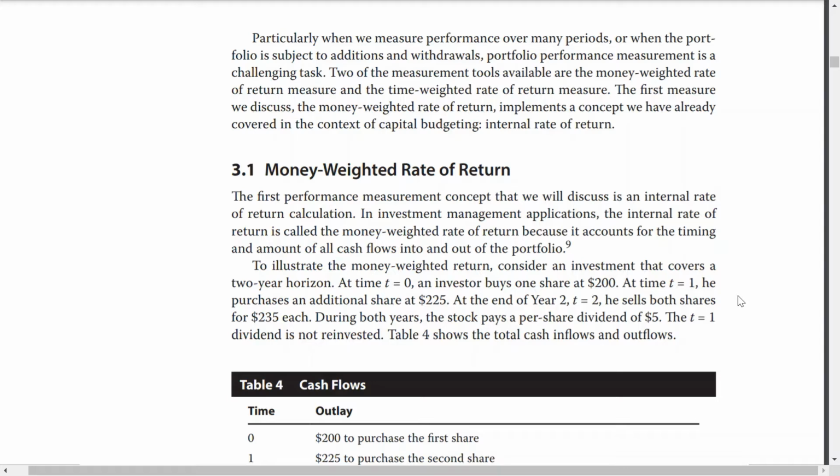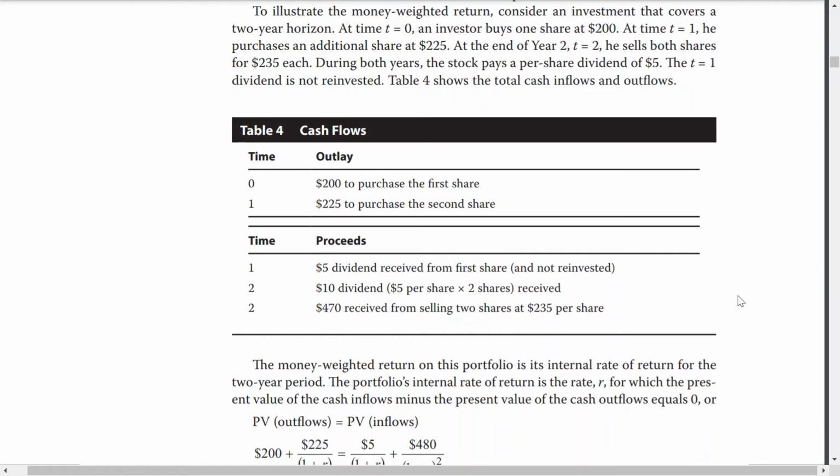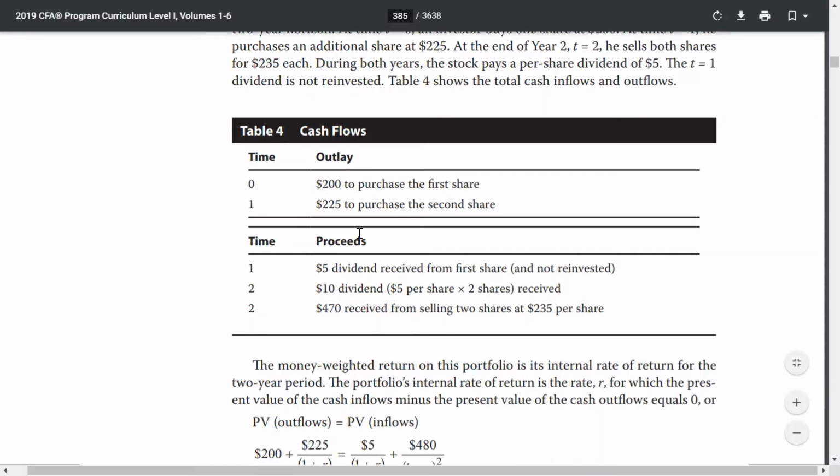At the end of year 2, t equals 2, he sells both shares at $235. So for the cash flows, at time 0 there is an outlay of this much, at time 1 this much, and so on.